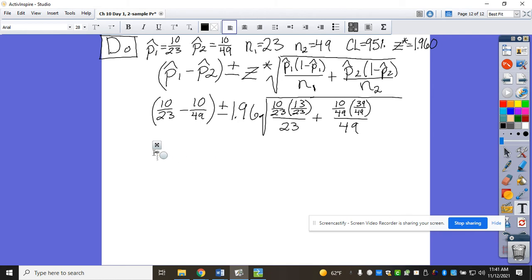No, I want to write it the way I did it. Negative 0.0012, which is less than or equal to what? Which is less than or equal to 0.4626.